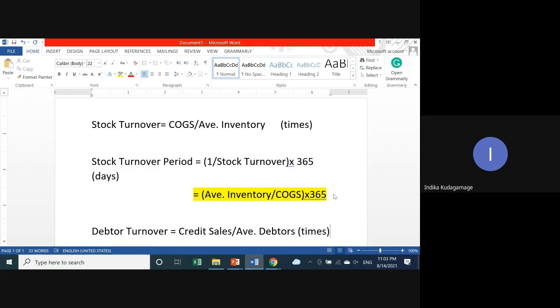So by giving credit, you can increase your sales, but your business will be in trouble. Why? You don't have cash. Yes, you have sales, but you don't have cash. So collection is the most important activity of a business. You can sell, but if you can't collect, there is no point in doing this.